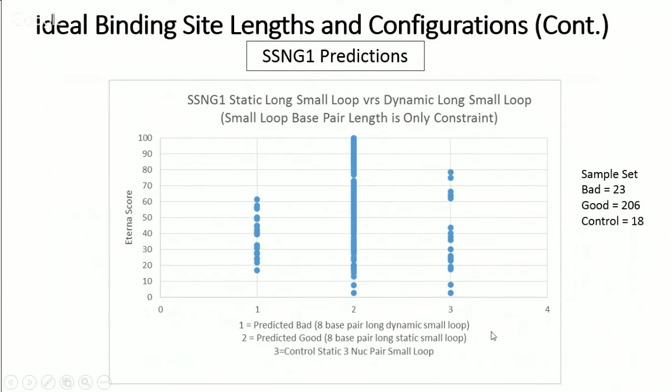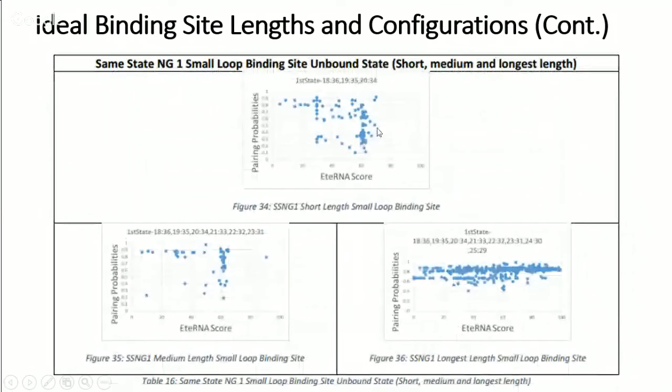So move on to the next slide. And here's how I made those predictions. You can see how this is different than the other slides, in that the same state NG1 has all the designs around 70 or less. You have this one here, but that's an outlier. I wouldn't really care about that.